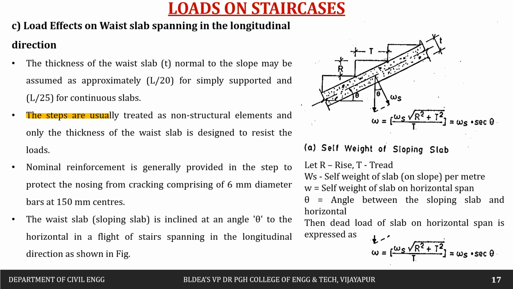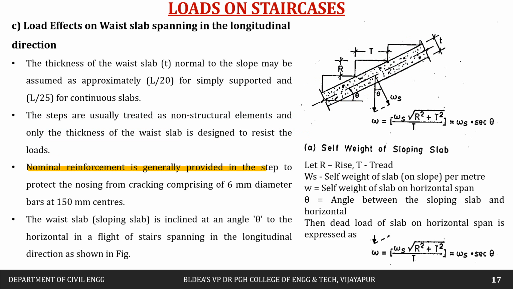The steps are usually treated as non-structural elements. These steps are not structural elements, and only the thickness of the waist slab is designed to resist the load. So we design this slab to resist the load, and the steps are the non-structural elements we consider.